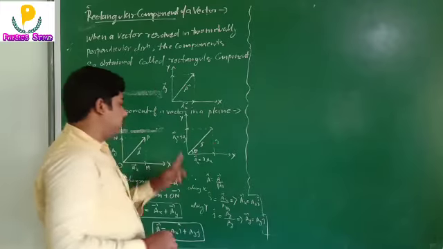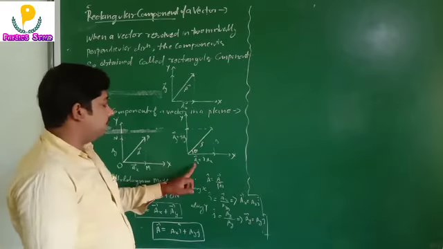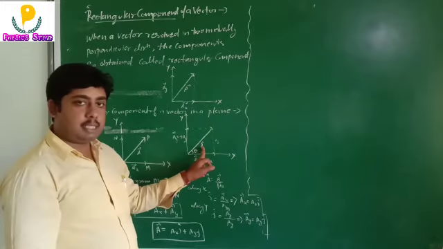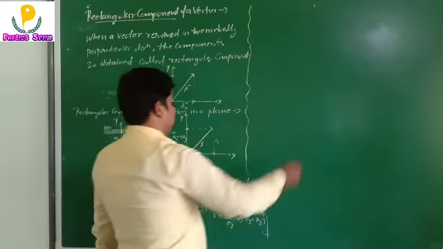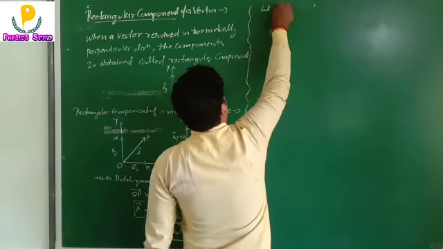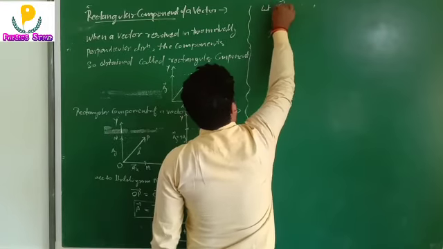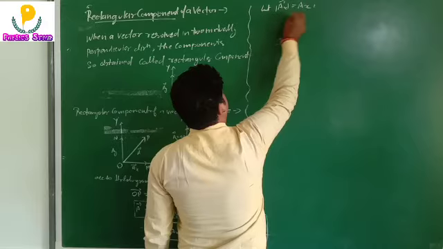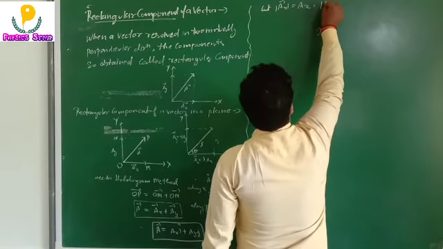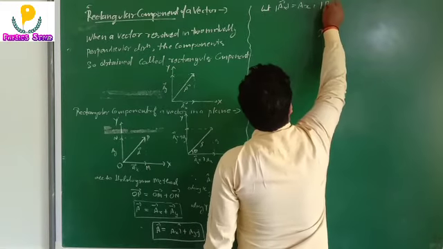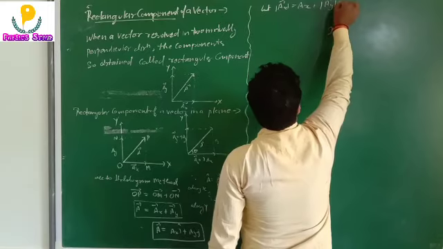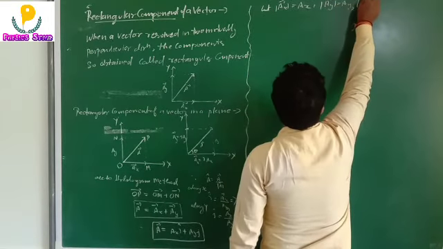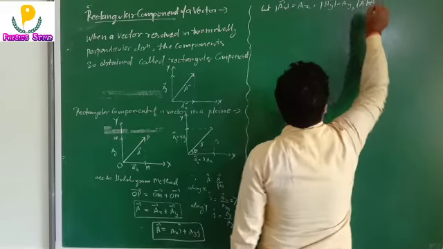Let the magnitude of vector ax be ax, the magnitude of vector ay be ay, and the magnitude of vector a be a.